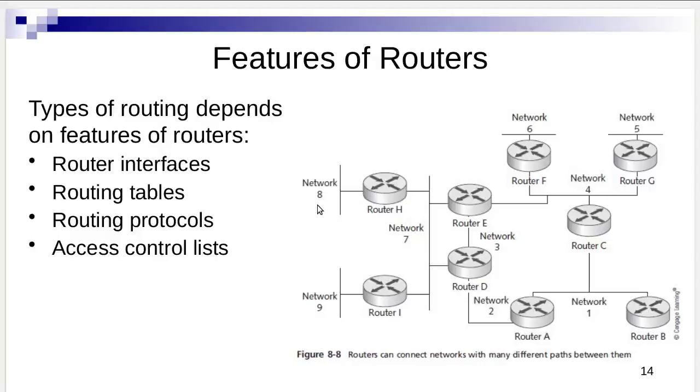You can have access control lists like that, rules that say, okay, only certain packets can leave network 8, for example, and only certain source IP addresses can get through to network 8. So there's all kinds of complicated things. We probably won't look at things like access control lists. We'll take a quick look at routing protocols. You'll see that in the lab as well. But mainly we're interested in router interfaces and routing tables.